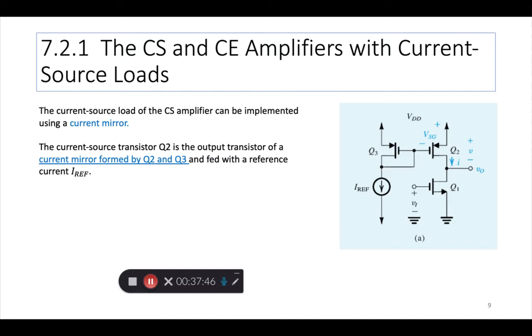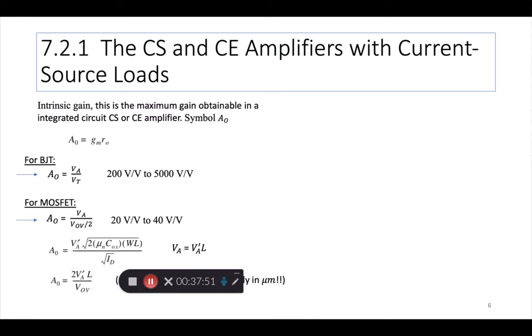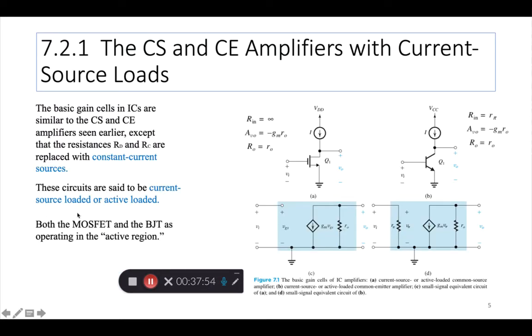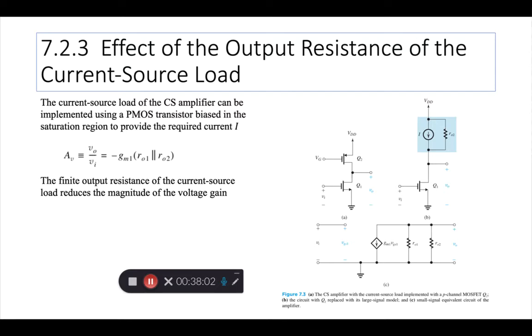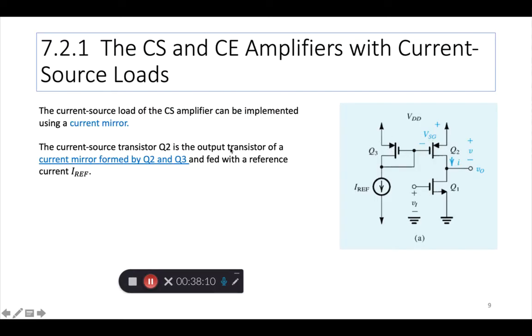So this is another way to create the biasing for our current source loaded amplifier, right? The current source loaded amplifier on an integrated circuit, the MOS version, can be implemented using the one PMOS device or a paired PMOS devices in a current mirror configuration. Okay, so the input is still on the amplifying transistor, its gate terminal.